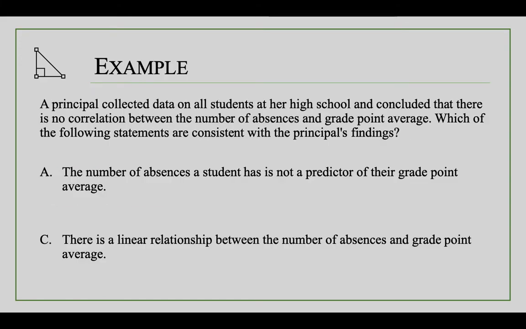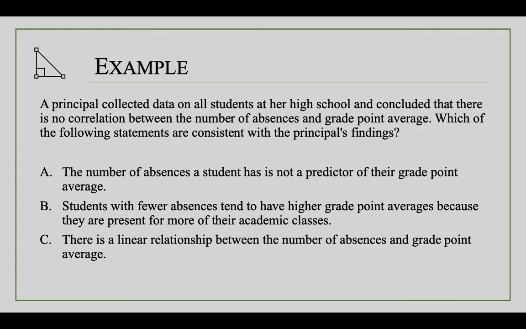A principal collected data on all students at her high school and concluded that there is no correlation between the number of absences and grade point average. Which of the following statements are consistent with the principal's finding? A, the number of absences a student has is not a predictor of their grade point average. B, students with fewer absences tend to have higher grade point averages because they are present for more of their academic classes.